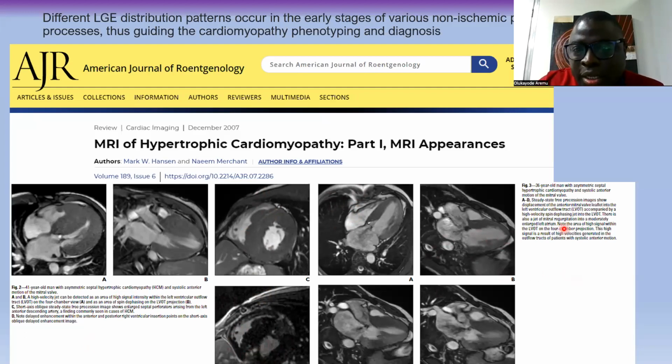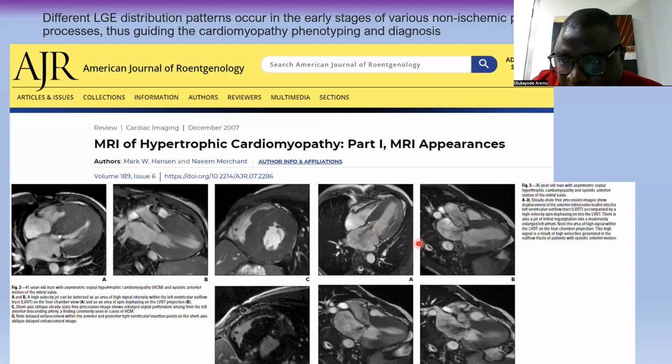And the second image is a 36-year-old man with asymmetric septal hypertrophic cardiomyopathy and systolic anterior motion of the mitral valve. And what is being shown here, looking at it from the first image to the fourth image, you will see the displacement of the anterior mitral valve leaflet into the left ventricular outflow tract.